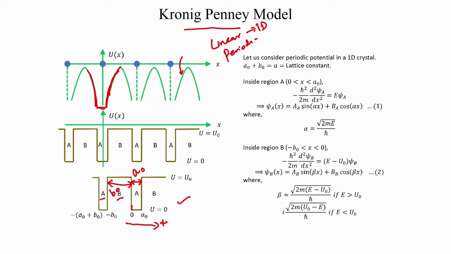We define the origin to be this location where x is equal to 0, this point here as x is equal to A naught, and that point there as x is equal to minus B naught, and therefore this point takes a natural value of x equal to minus (A naught plus B naught).